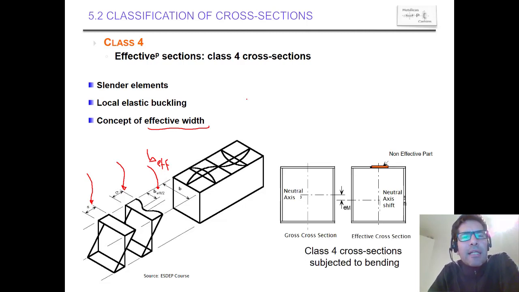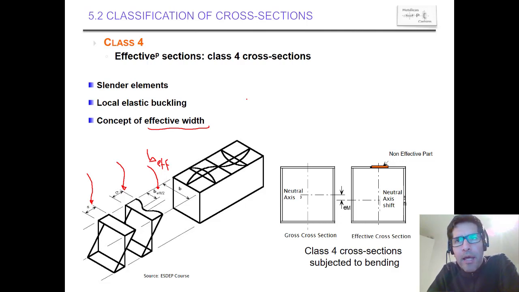Now, that's the method, effective width method. So it means that if we have an element like this that has originally a gross cross-section and a neutral axis which is symmetrical, we could define another element in which the stresses will be applied only in the effective width.